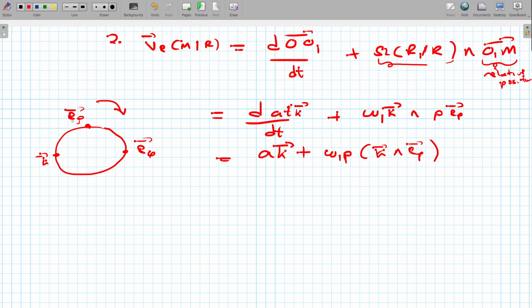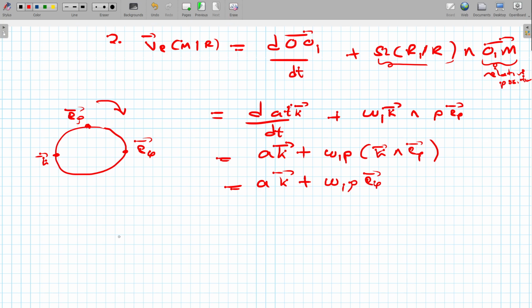So e rho vectoriel e phi gives k. e phi vectoriel k gives e rho. k vectoriel e rho gives positive e phi. So you're going to get a k, and then plus omega 1 rho e phi, like so. So this is your relative velocity.